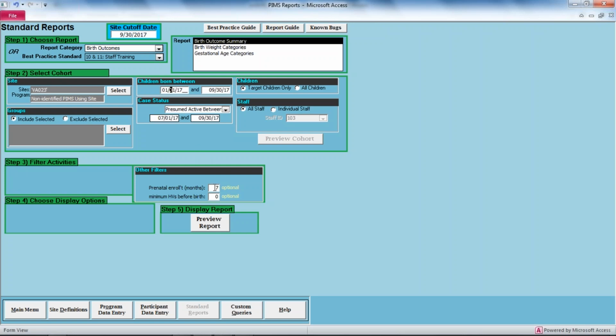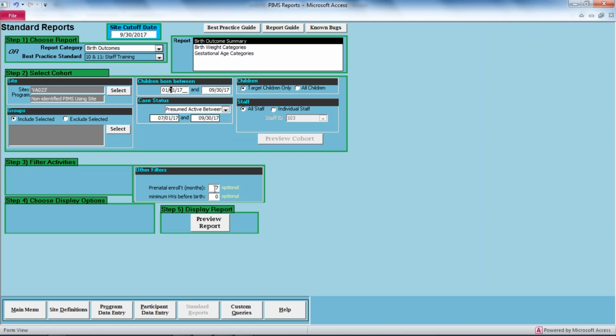Now, here's what I was talking about, this filter being used the same for different reports and filtering different variables. In this case, it's prenatal enrollment. If you left the 7 here, you would only be looking at those people who had 7 months of enrollment prenatally.